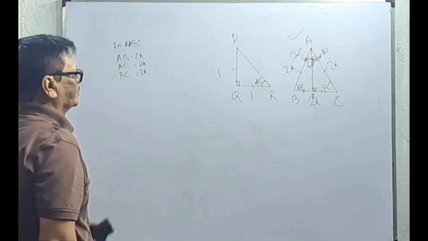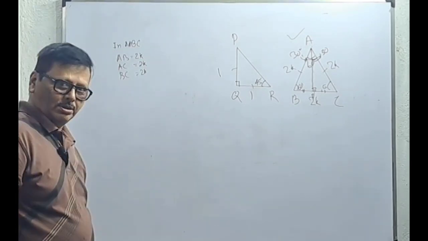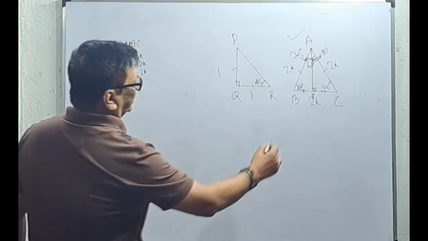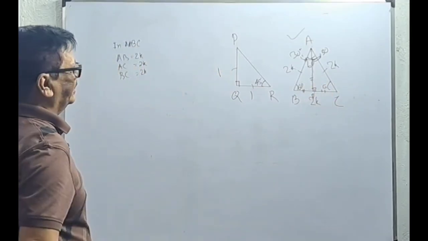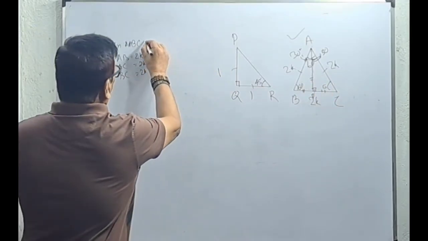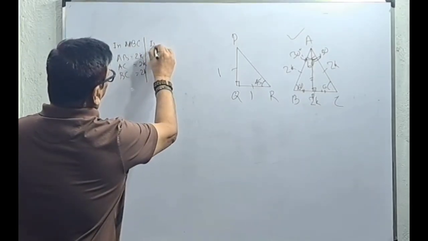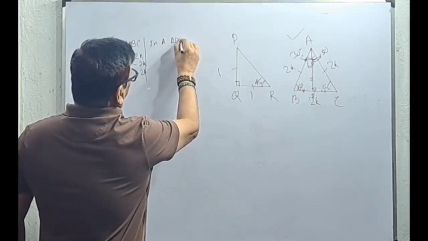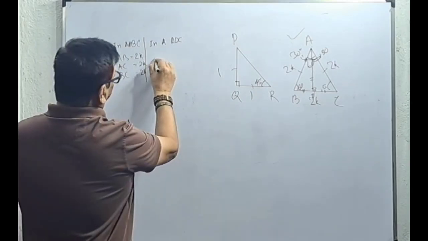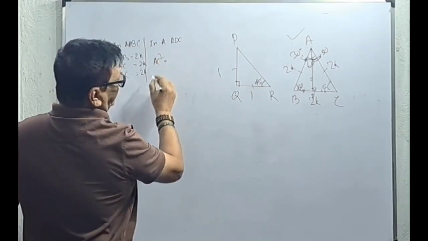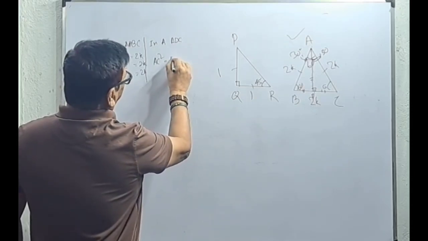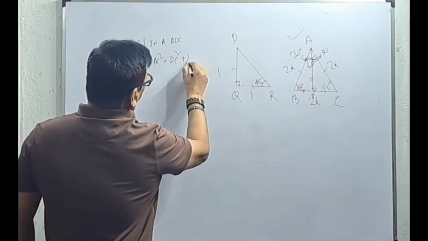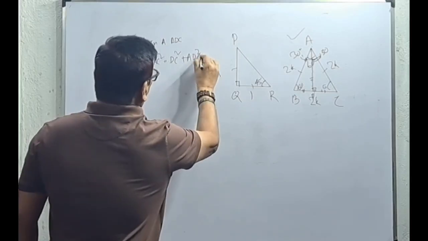Okay. Now since we want sine cos all, we need to find out the value of this AD, right? So in triangle ADC, AC square is equal to DC square plus AD square, right? Okay.